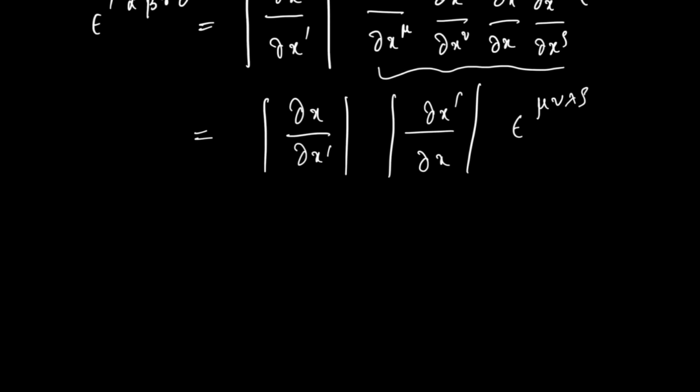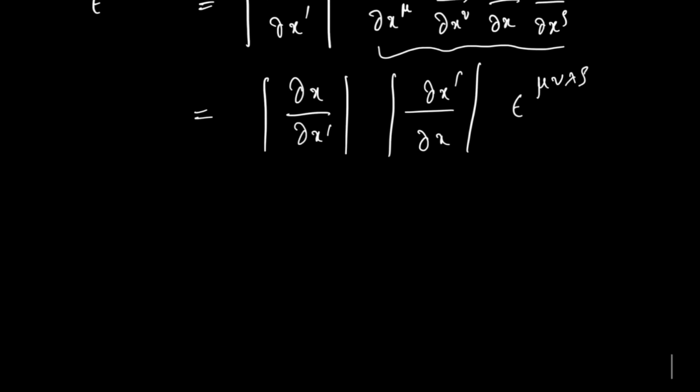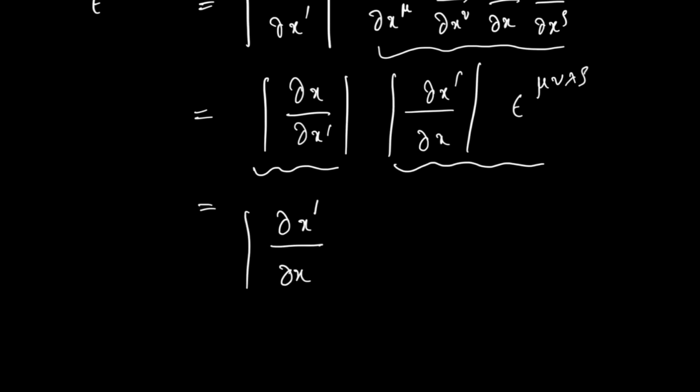So for that, I have introduced this first term, and these are the remaining terms. I can write partial derivative of x prime with respect to x and then -1, right? This can be written like this.